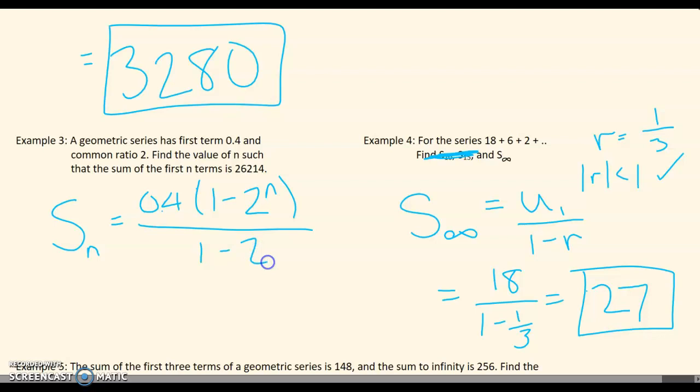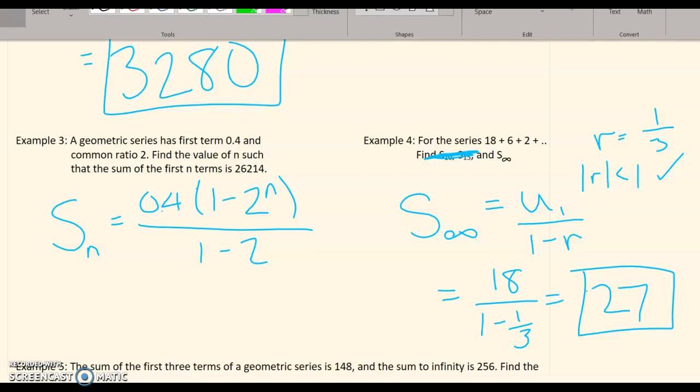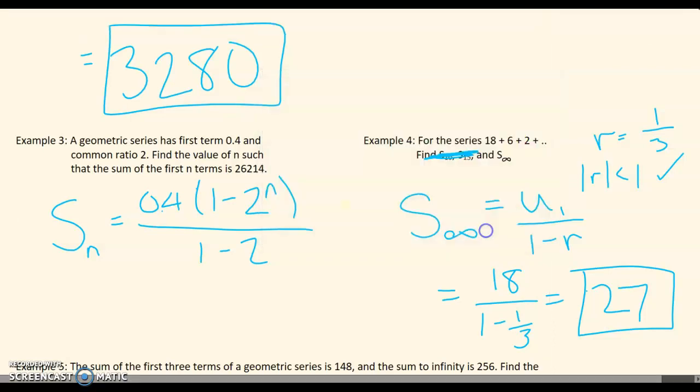Over 1 minus r. That's just the sum of the first n terms. And we want this to be equal to 26,214. So that's just going to be some algebra. This denominator is just -1, so multiply that to the other side and then divide by this 0.4.